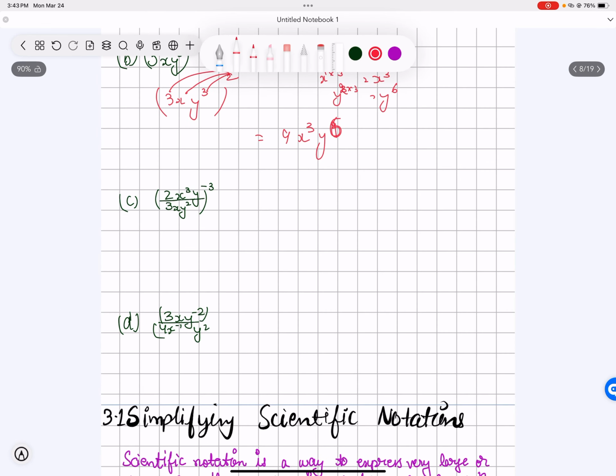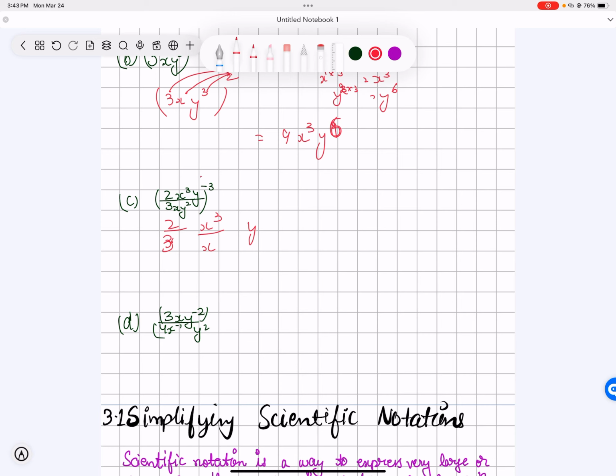And then for the next question, we have everything to the power minus 3. So if it is a minus 3, we're going to separate it at first. 2 over 3, and then x to the 3 over x, and then y and y itself.